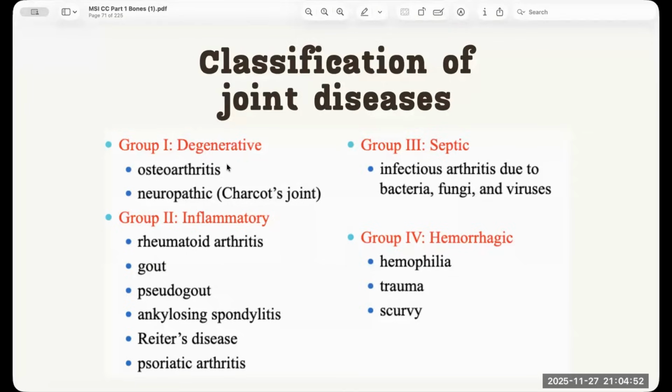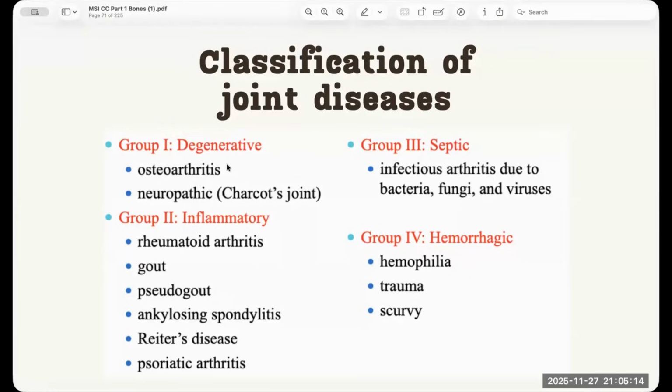Group 2 is the inflammatory type: rheumatoid arthritis, ankylosing spondylitis, Reiter's disease, and we have already discussed gout. Pseudogout and psoriatic arthritis will be discussed more in the clinical part of the joint diseases.